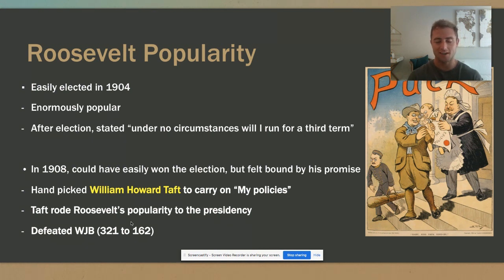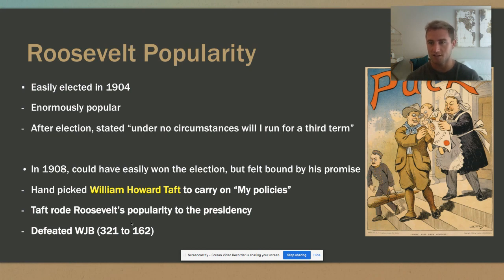So Teddy is reelected triumphantly and very easily in 1904. This was the last time that William Jennings Bryan ran for president. He defeats him soundly. And he probably could have almost easily become president for a third term, becoming our first third-term president. But after elected for his second time, he says, under no circumstances will I run for a third term.